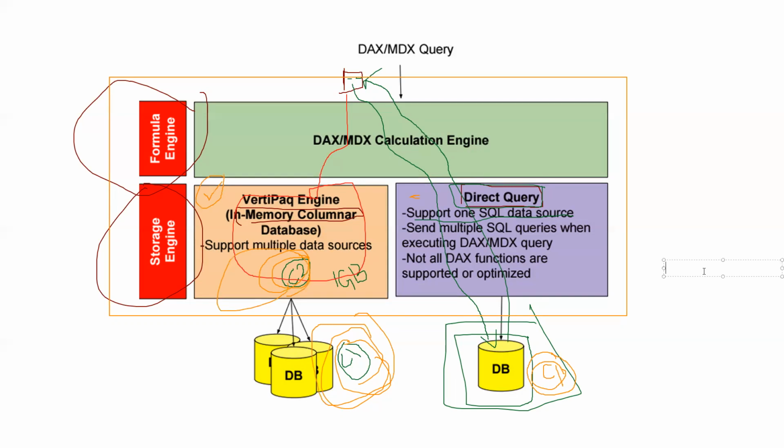So let me type it here. Okay, composite models are basically a combination of the import mode version and the direct query mode version, where you will be using a few tables in import mode and a few tables in direct query mode.